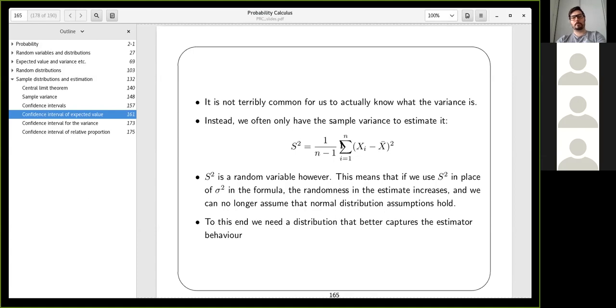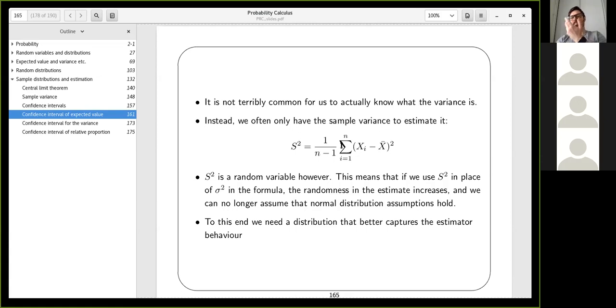The problem here is that now it introduces another random coefficient into the formula. So instead of having just one random variable, which is the sample mean, we now have the sample variance, which is also a random variable.